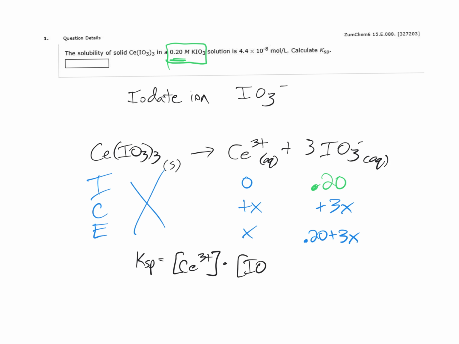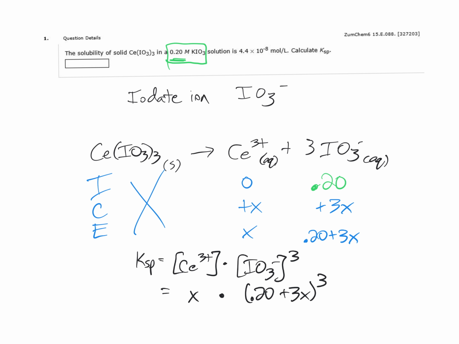Make sure you cube the concentration of iodate because it has a coefficient of 3 in the dissociation equation. And if we plug in the equilibrium expressions for the concentrations in terms of x, we get x times the quantity 0.2 plus 3x all cubed.